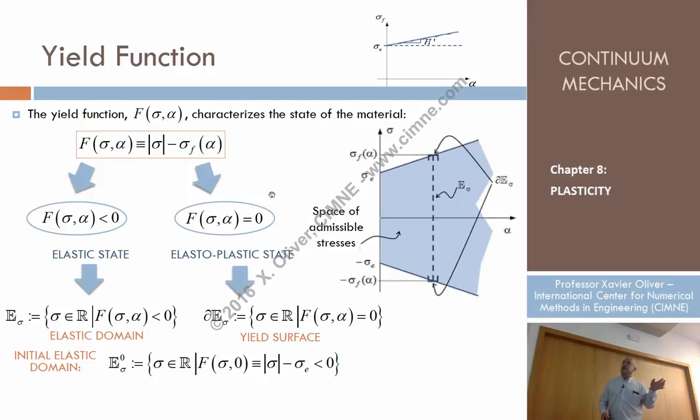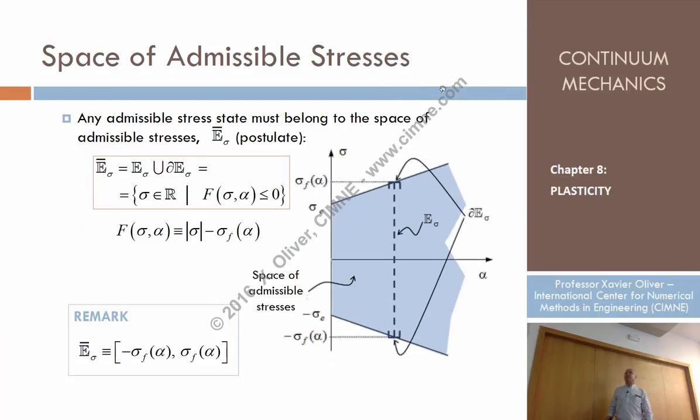So, recalling, we define the yield function, determined in terms of its value an elastic domain, and the boundary of this elastic domain, which is the yield surface, and both configure the admissible stress space, in the sense that outside of that there is no possibility unless we produce a variation of the hardening variable.